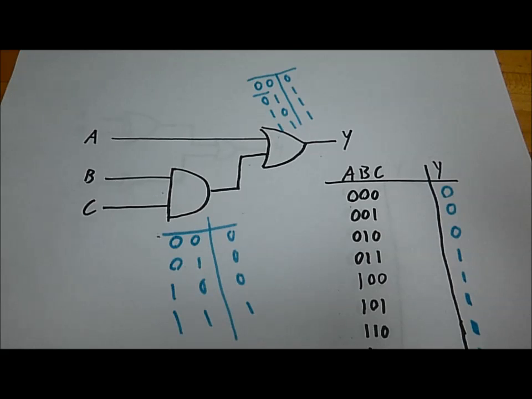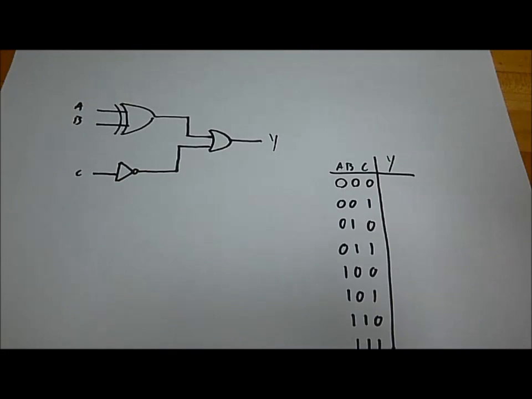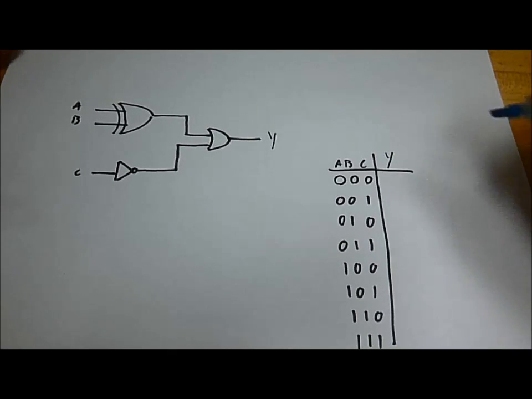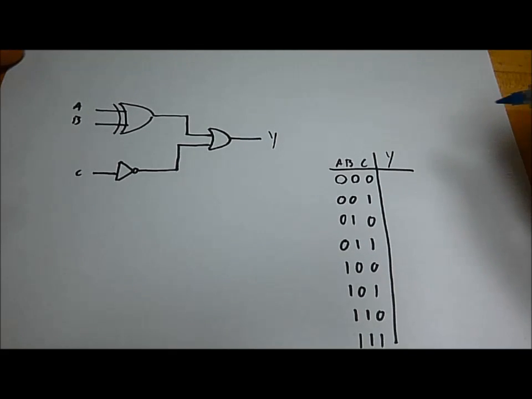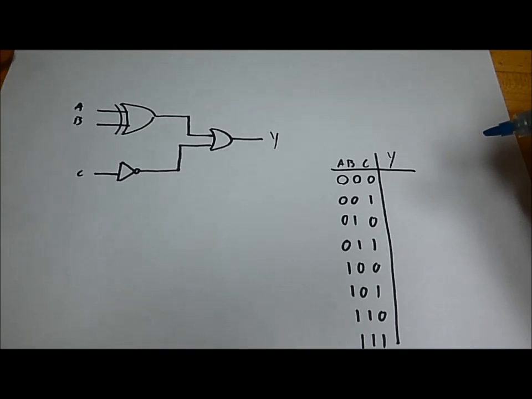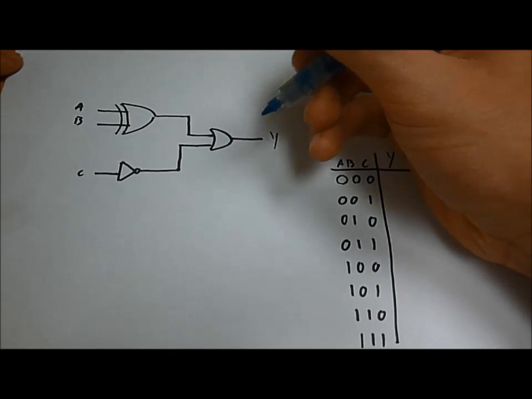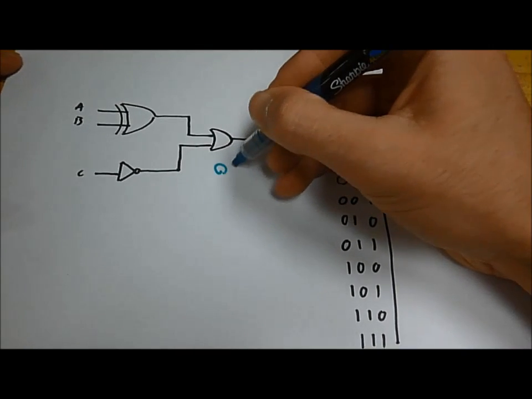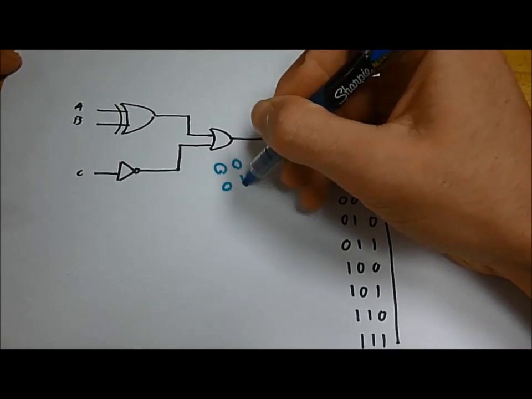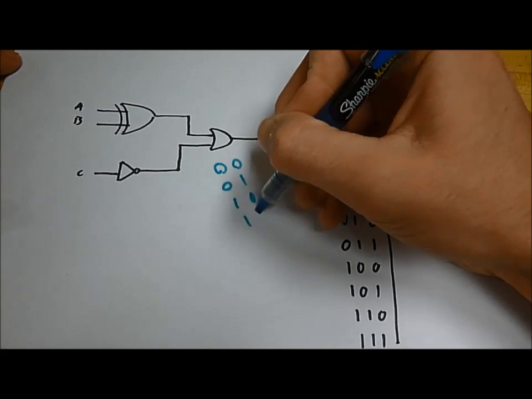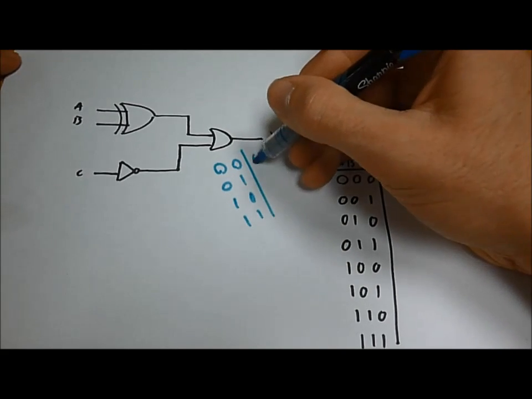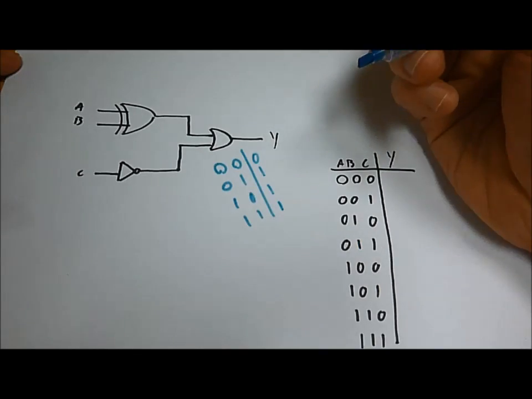Let's do one more example. For this example, we will look at this circuit. So, similarly to last time, let's start by writing out each of the circuit elements' logic table. So, for this OR gate, it'll be 0, 0, 0, 1, 1, 0, 1, 1, and our outputs will be 0, 1, 1, 1.